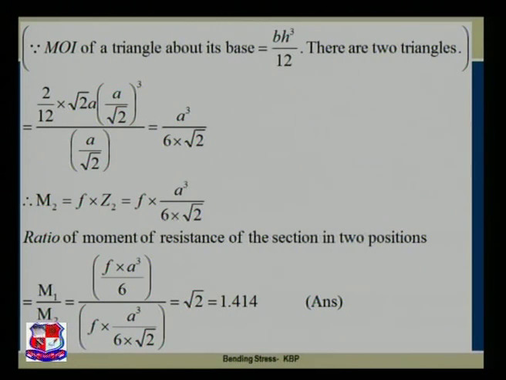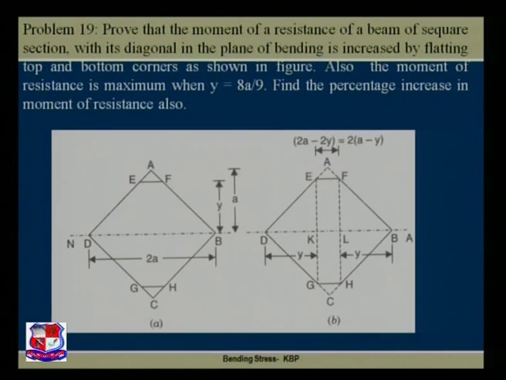It means that the moment of resistance for a square section when its two sides are horizontal is 1.414 times higher than the moment of resistance offered when one of the diagonals is vertical. I wish you have understood this problem clearly. Let us go ahead with the next problem.